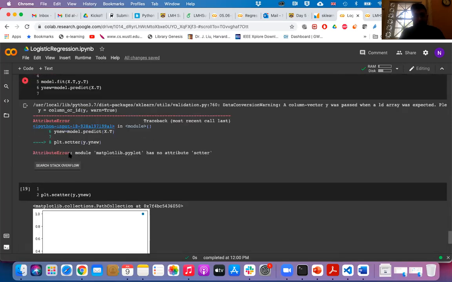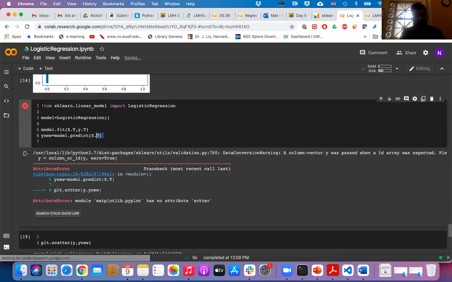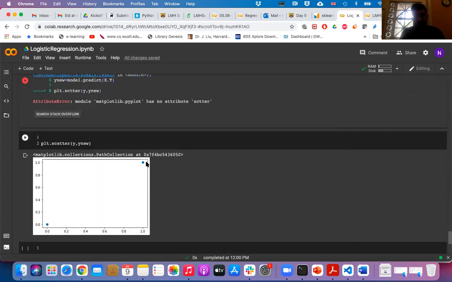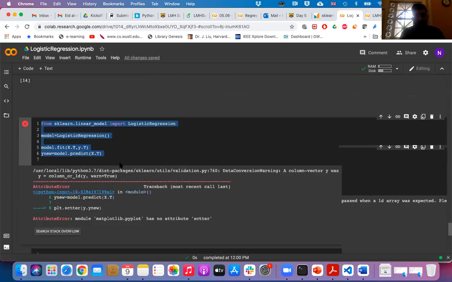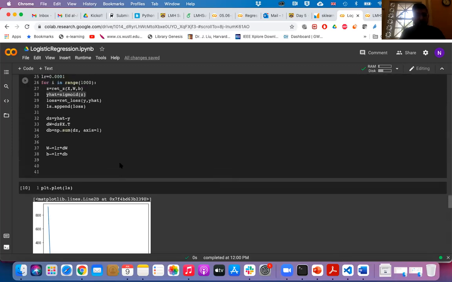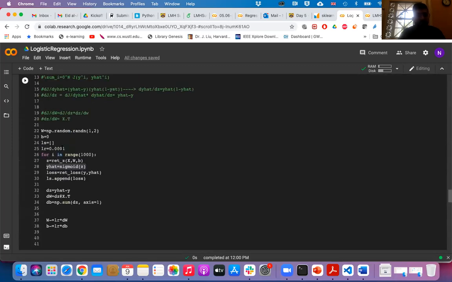You can see that the logistic regression model from scikit-learn is very good. It gives you perfect answers, which means that probably we can improve our results as well, maybe by increasing the learning rate a bit. Let's see if we can improve it a bit.